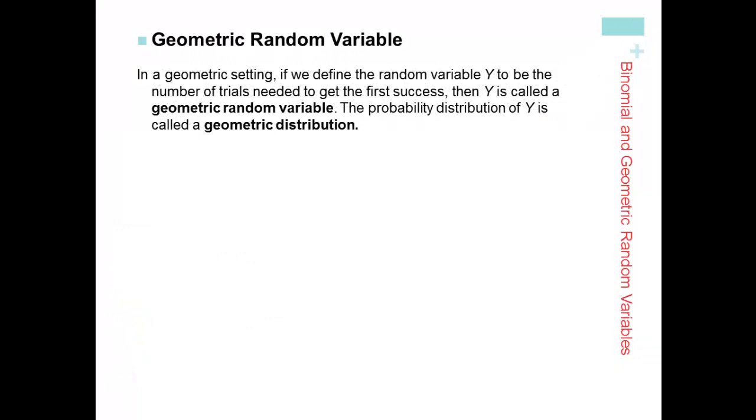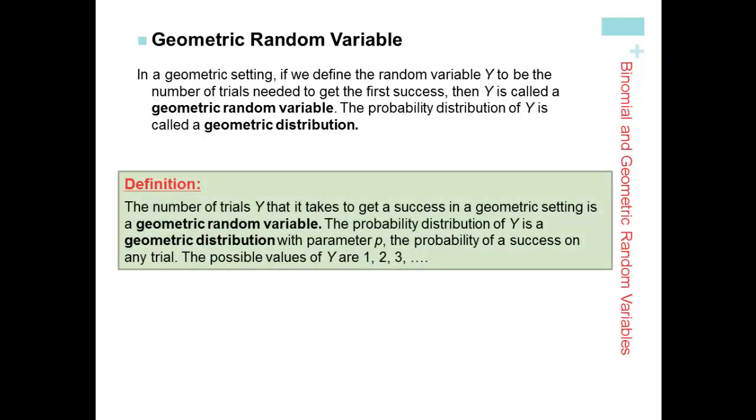In a geometric setting, if we define the random variable y to be the number of trials needed to get the first success, then y is called a geometric random variable. The probability distribution of y is called a geometric distribution. The number of trials y that it takes to get a success in a geometric setting is the geometric random variable.